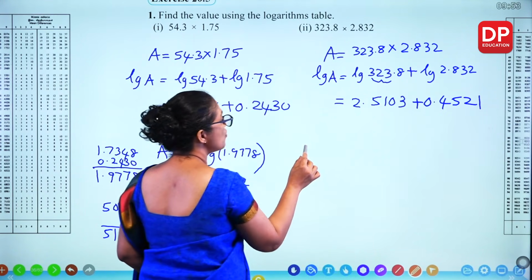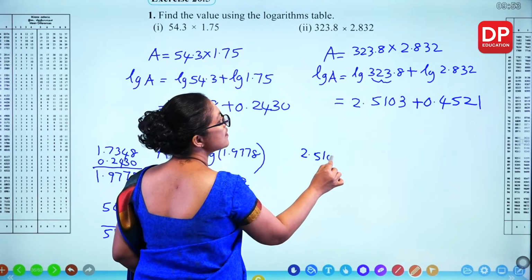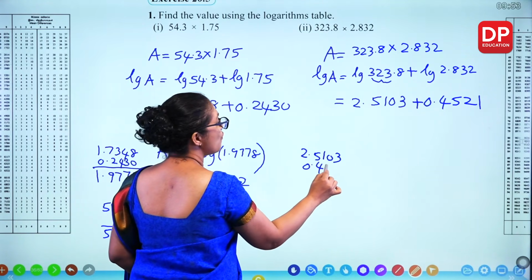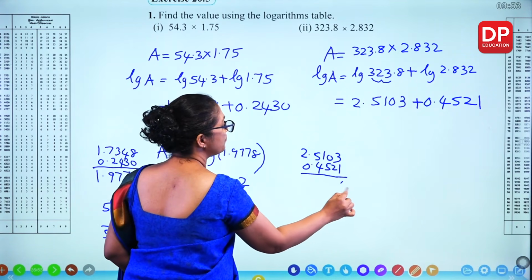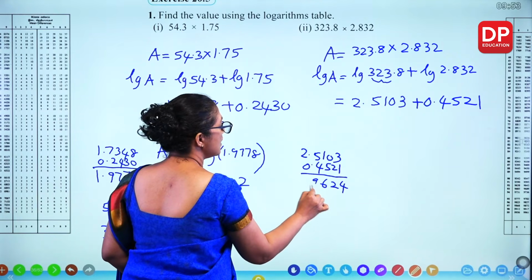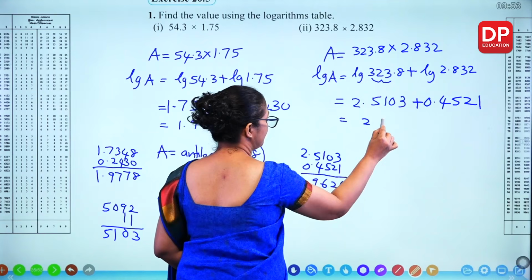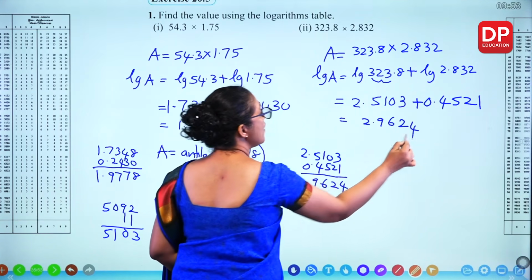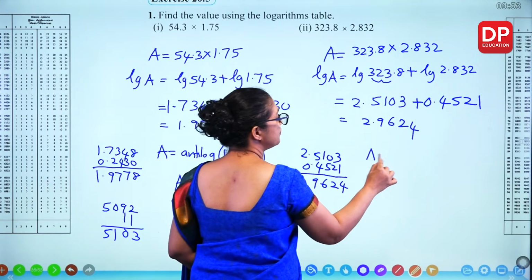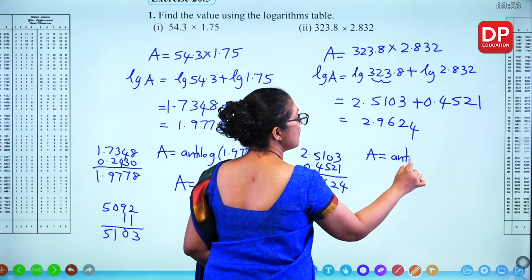Now add these two values: 2.5103, 0.4521. You get 2.9624. When you take the antilog value, you get the A value.